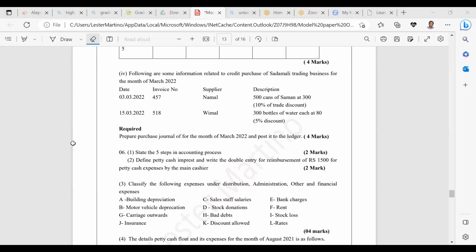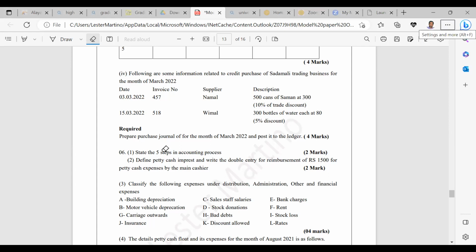So 500 into 300, with a 10% discount, multiplied by 90%. So 150,000 minus 15,000, 135,000.